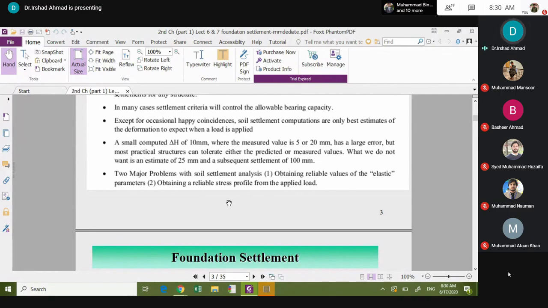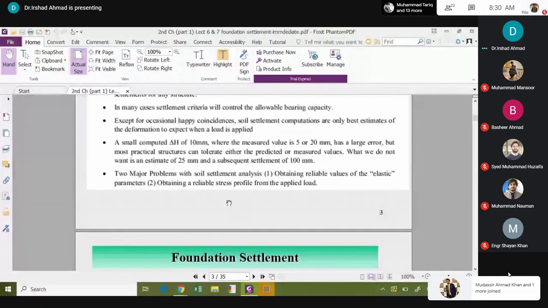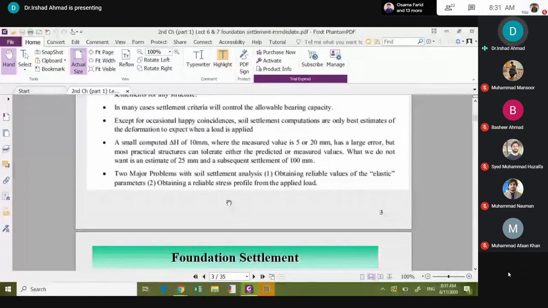If you calculated 5 mm of settlement or 20 mm of settlement, both are okay, because if the real settlement is 10 mm, that's fine, it's not so far off.